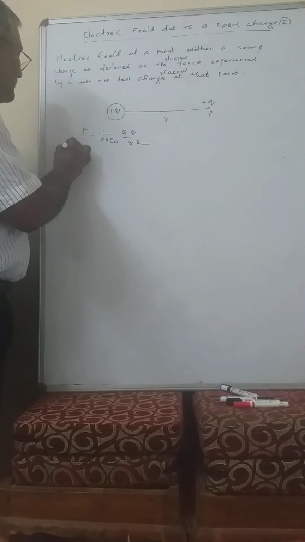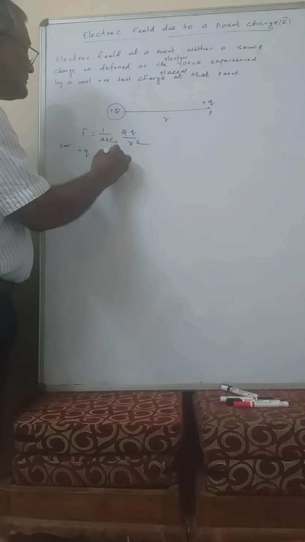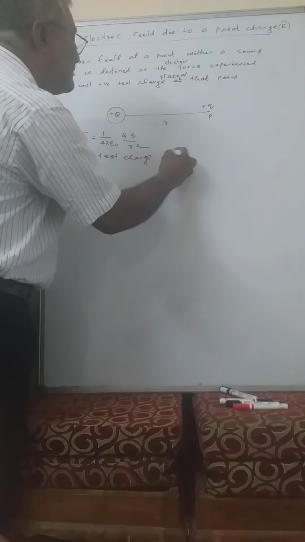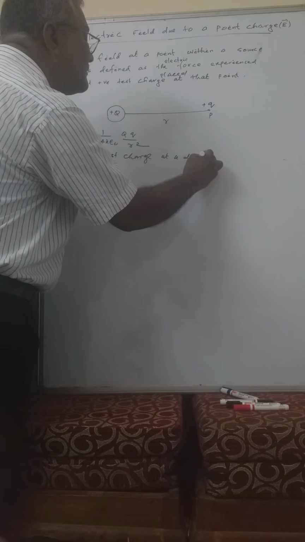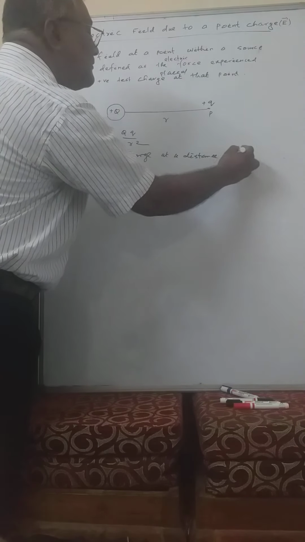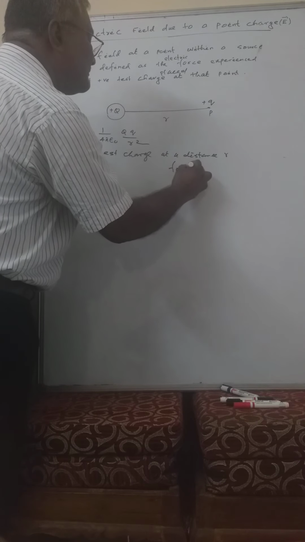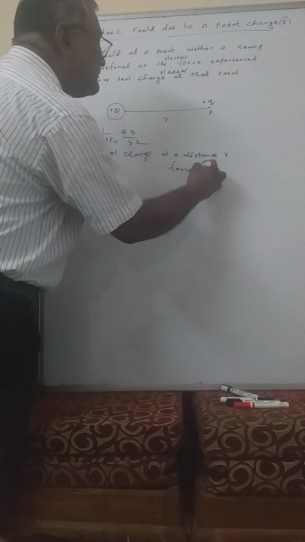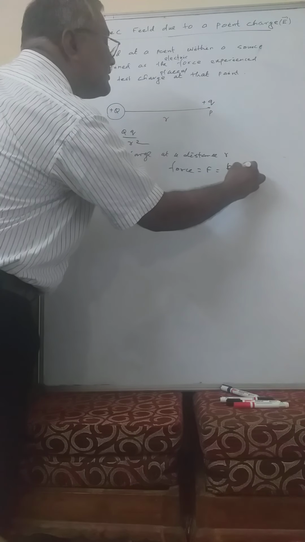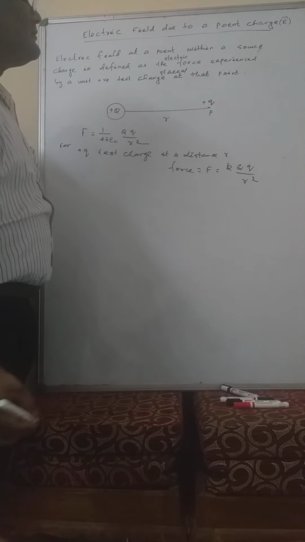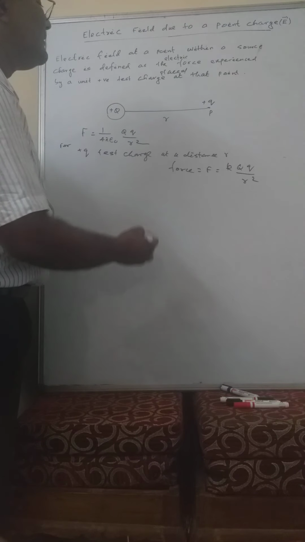So for a plus q test charge placed at a distance r, the force experienced is K Qq by r square, where K is equal to 1 by 4 pi epsilon naught.